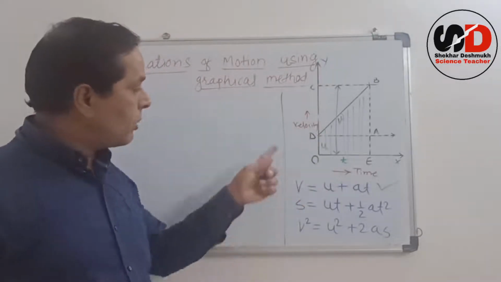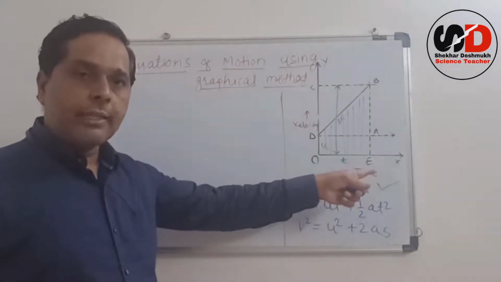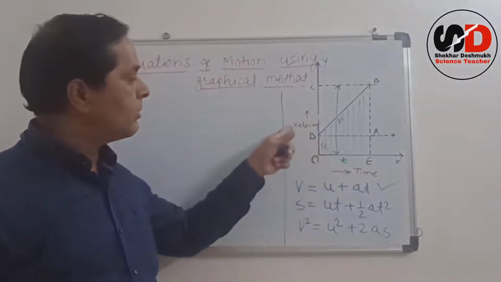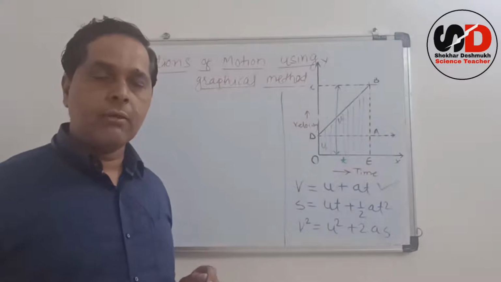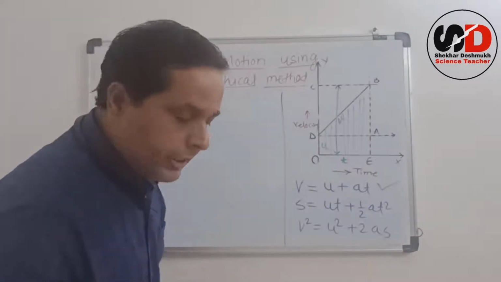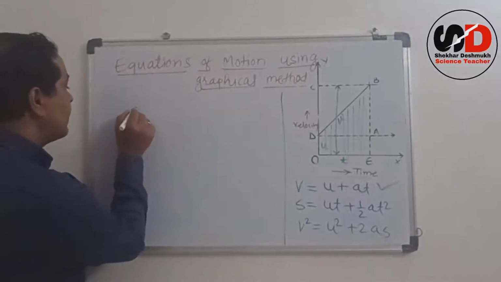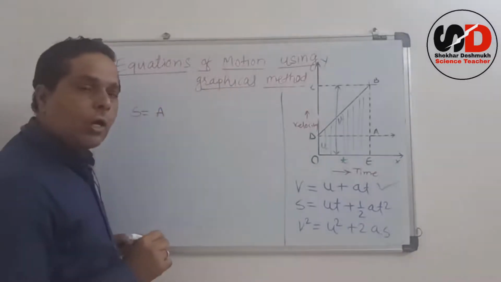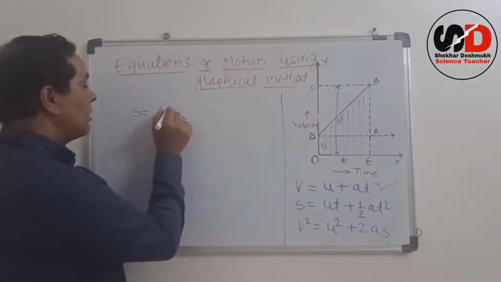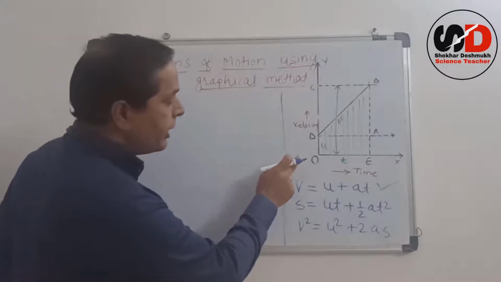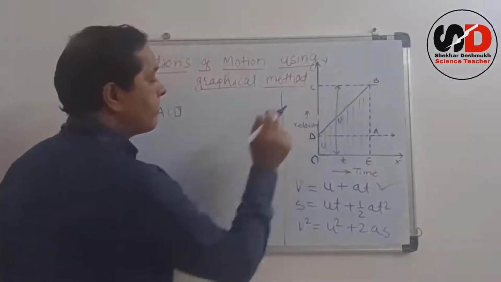So because it is a velocity-time graph, displacement or distance is equal to velocity into time. So the area of this quadrangle we have to calculate. So the displacement is nothing but s is equal to the area of quadrangle DOEB.